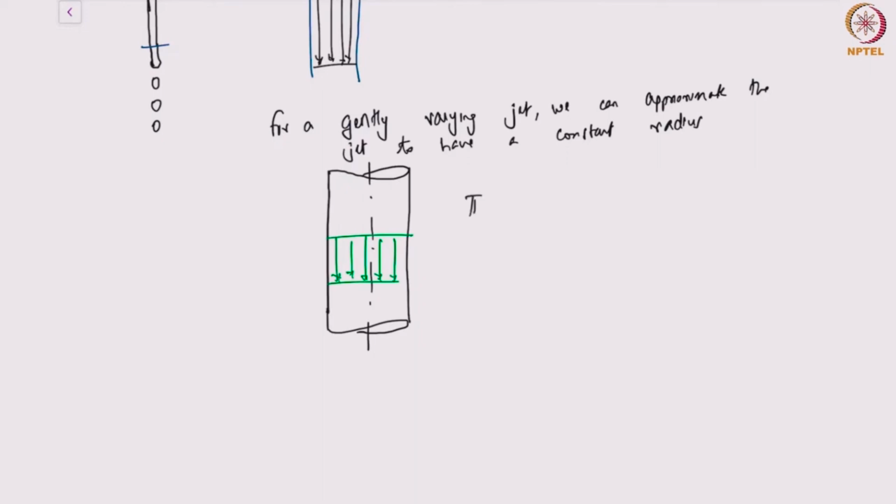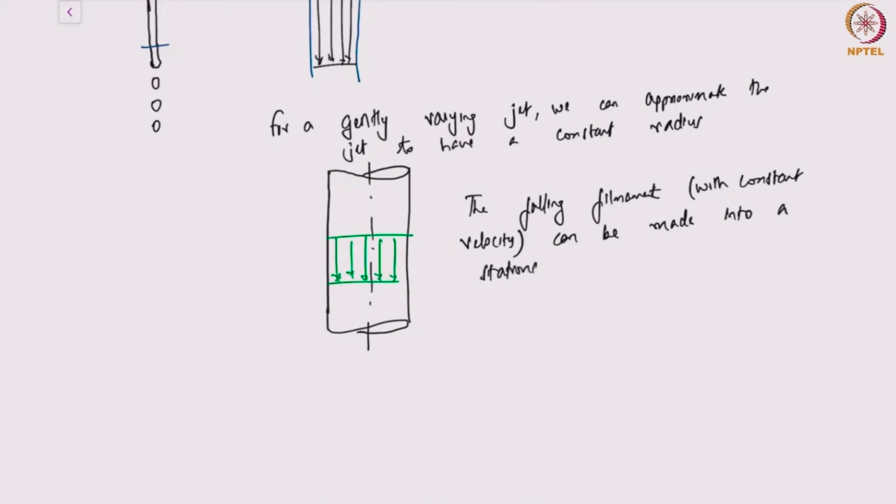The falling filament with constant velocity can be made into a stationary filament using what is known as a Galilean transformation.